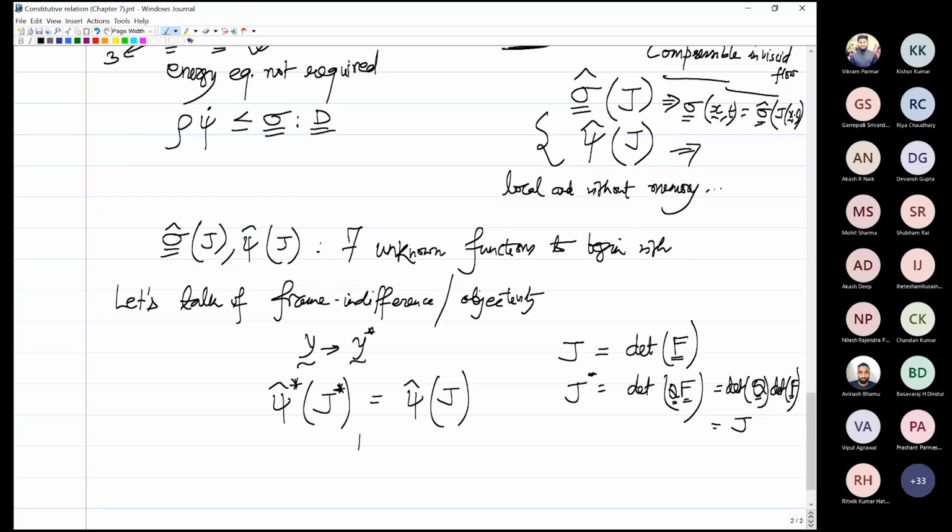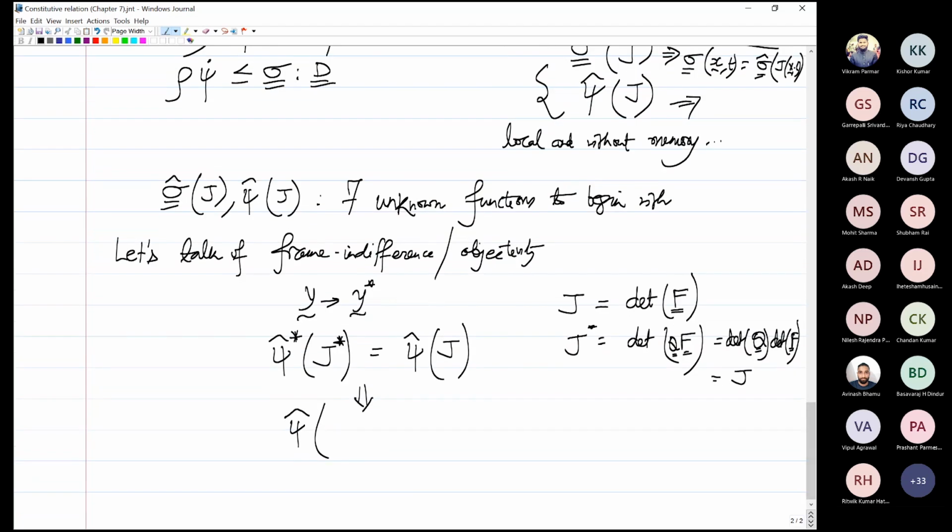So this implies that psi hat star, which has to be the same as psi hat from the constitutive assumption, with J star also the same as J, gets automatically satisfied.